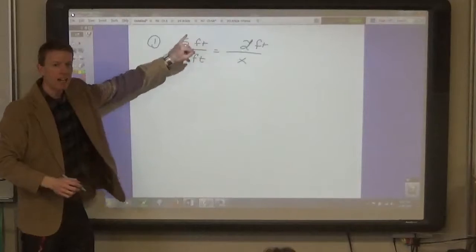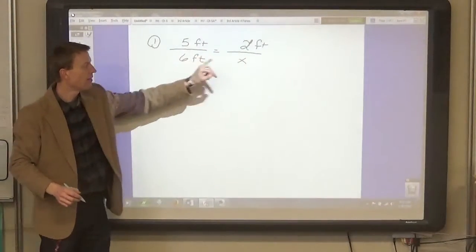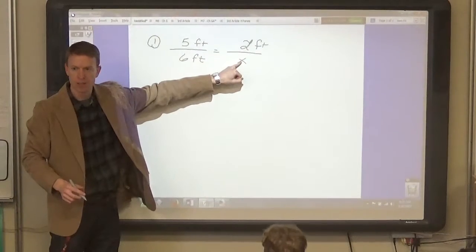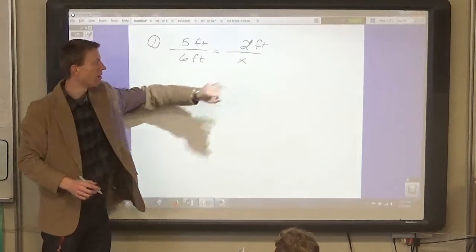The 5-foot side and the 2-foot side are the same figure, and the 6-foot side and the x side are the same figure. So we have to write them in the same order.